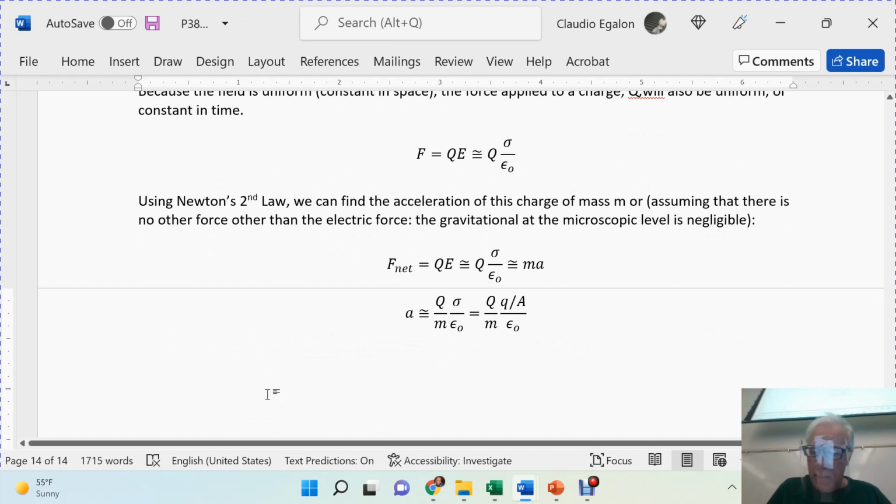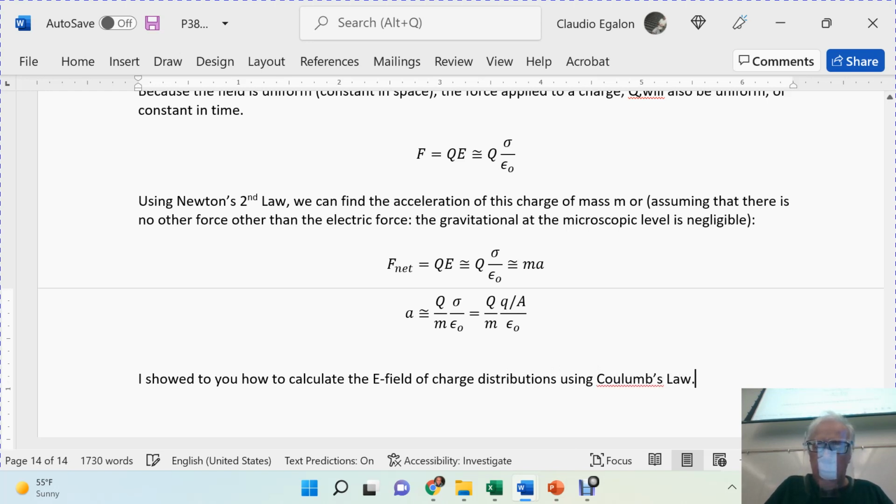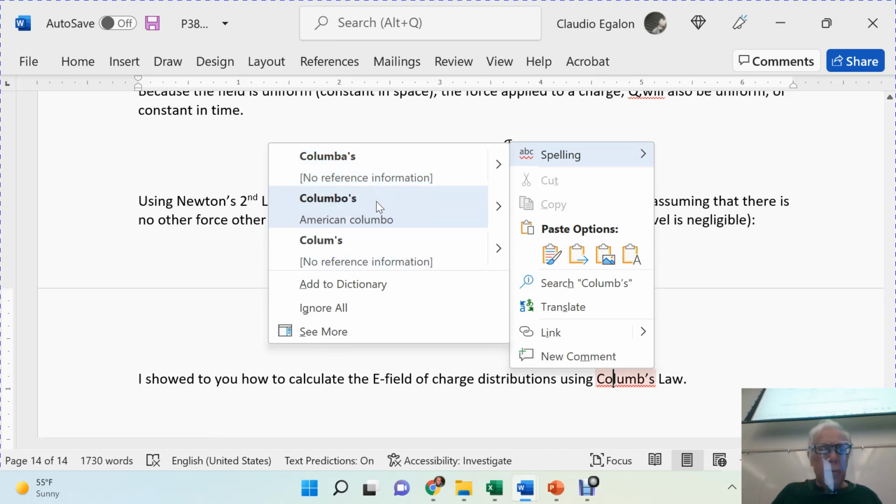Okay, so I showed you how to calculate the E field of charge distributions using Coulomb's law.